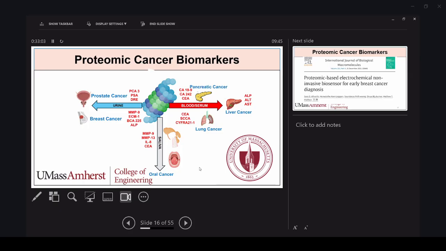Lung cancer, liver cancer. I collected this when I applied for a grant. I took almost 30 days to create this image because it needs thorough validation and comprehensive understanding, and you need to read a lot of research articles to create an overview of protein biomarkers in different cancers.